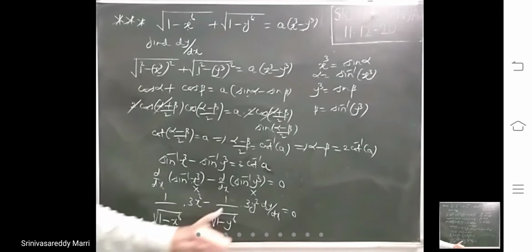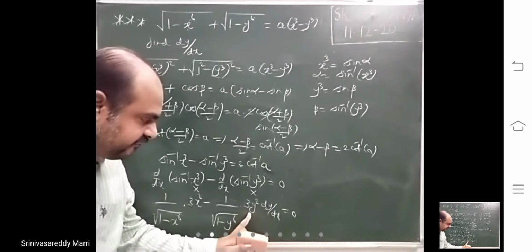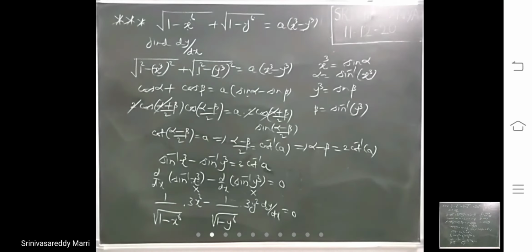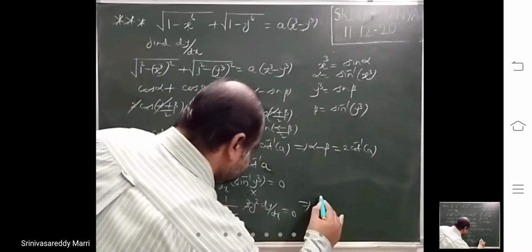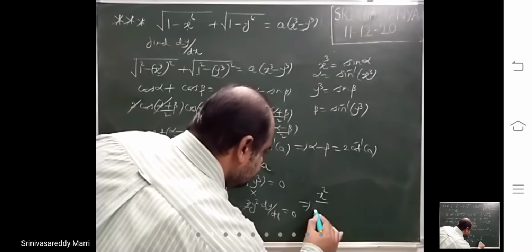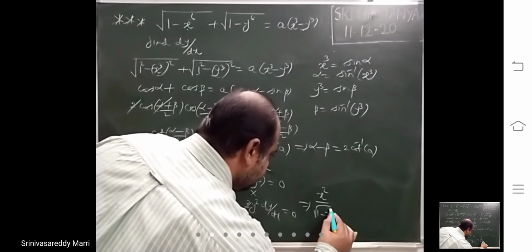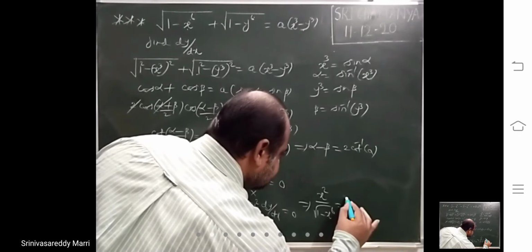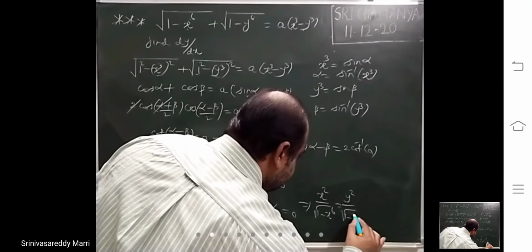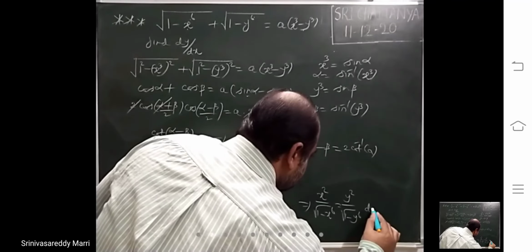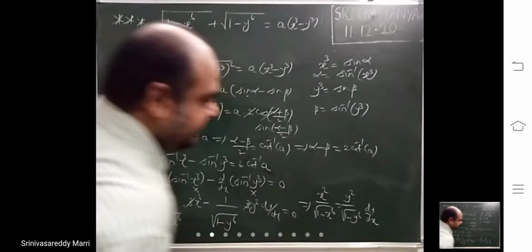What I told you: whenever you take the derivative of a function of y, you finally write dy by dx. That means the 3 got cancelled. So what you are getting is x square by root of 1 minus x power 6 equal to y square by root of 1 minus y power 6 into dy by dx.